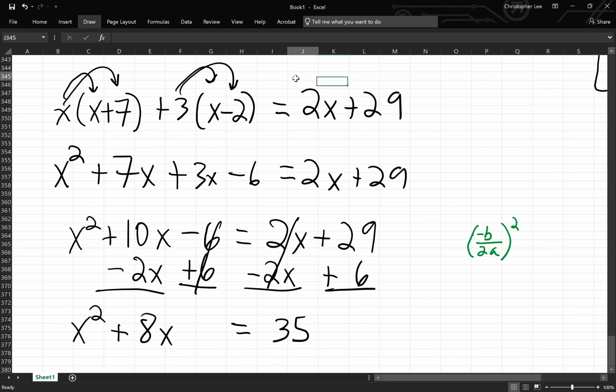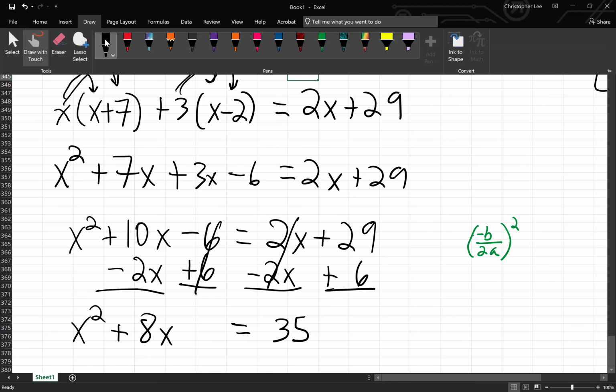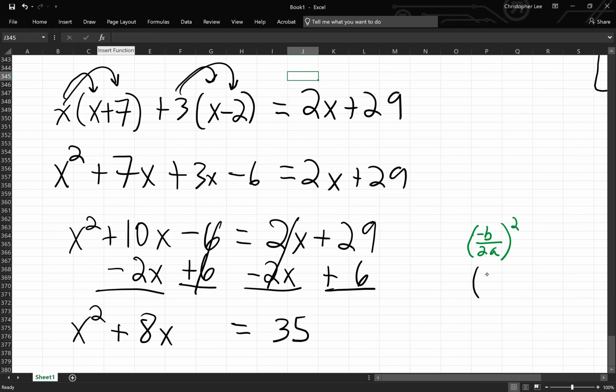So negative 8 over 2 times 1, squared, which will give me negative 4 squared, which is 16. So I'm going to add 16 to both sides, right?